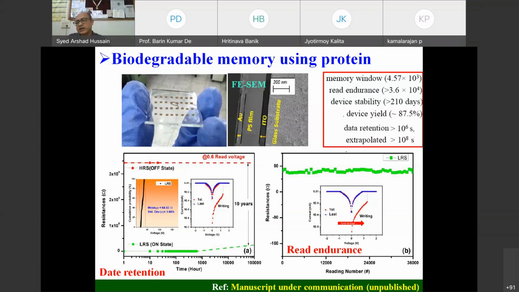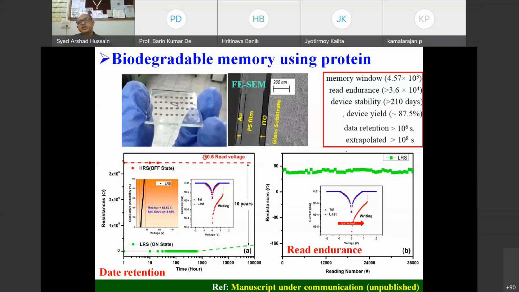And another thing is that this kind of system is transient in nature. Transient electronics, where you will prepare devices for your electronic circuit components, and you will go on using them.